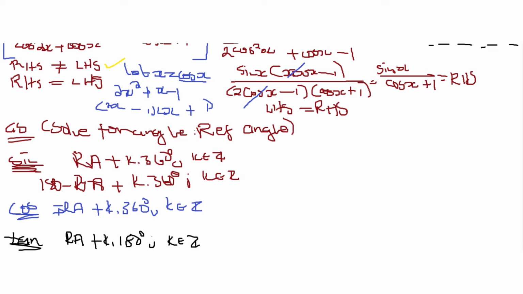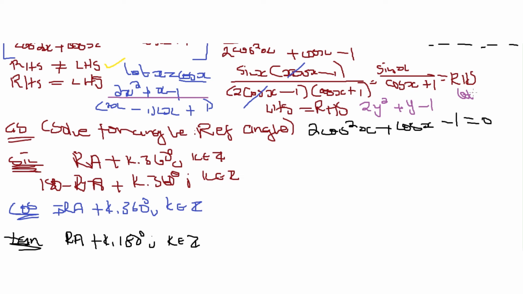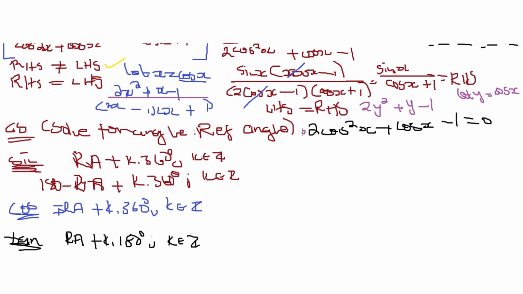Great. So I'm just going to show you where this is important. Let's say for now you have, as an activity, 2 cos squared x plus cos x minus 1 is equal to 0. Similarly to what we did here, you can see that this can be written as 2y squared plus y minus 1, where you let y equal cos x, meaning wherever you see y, you just put cos x.